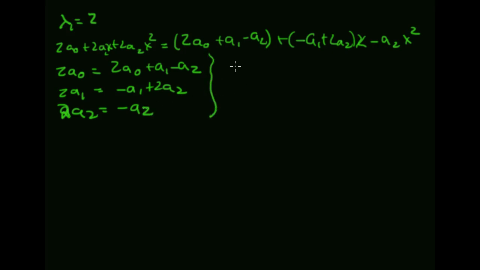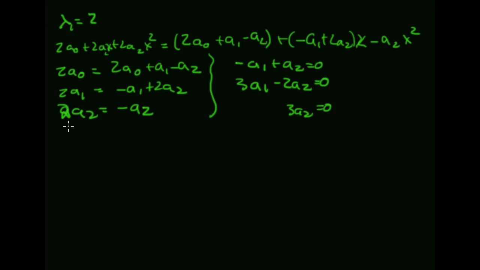This means I get negative a1 plus a2 should be 0. 3a1 minus 2a2 should be 0. And 3a2 should be 0.